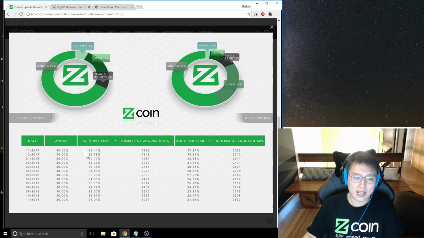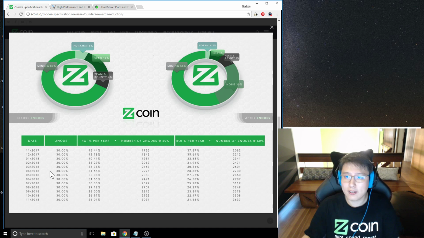And you can see this number increasing as the supply grows, because new coins are being released every day, assuming that this 50% of supply remains. That means people are creating more and more nodes with their earnings. So you see profitability goes down as time goes by.